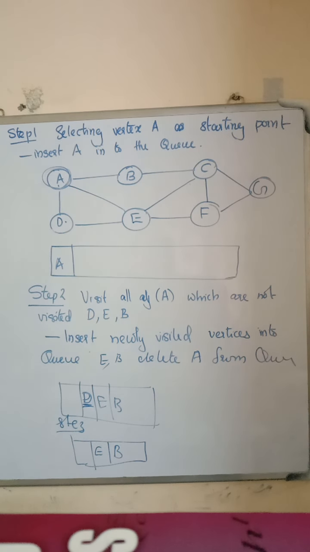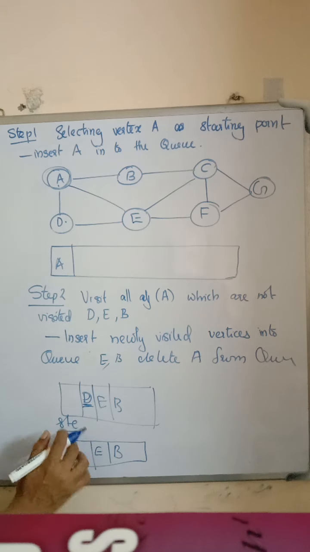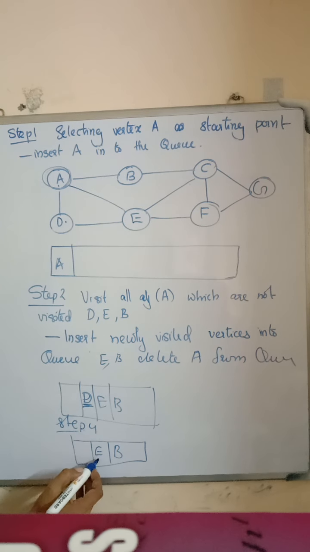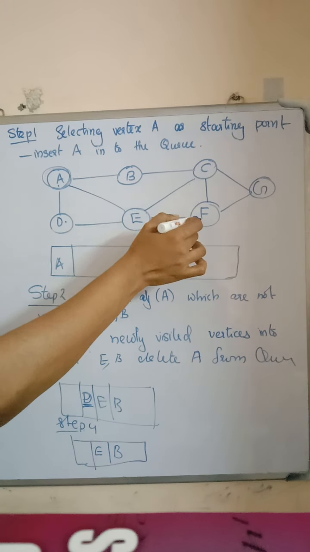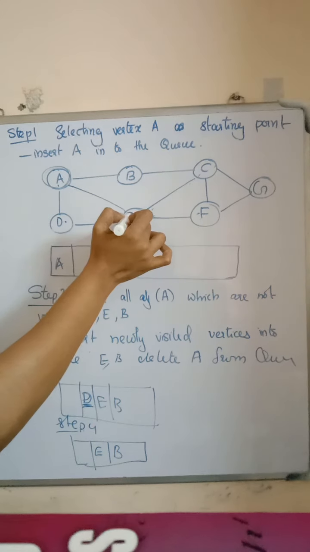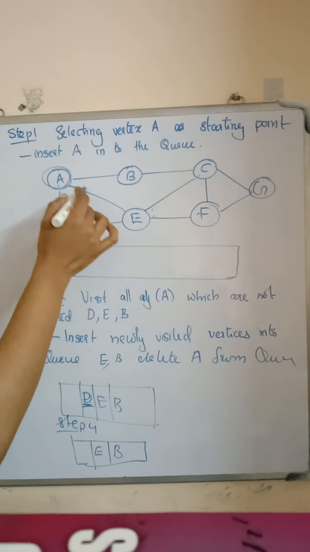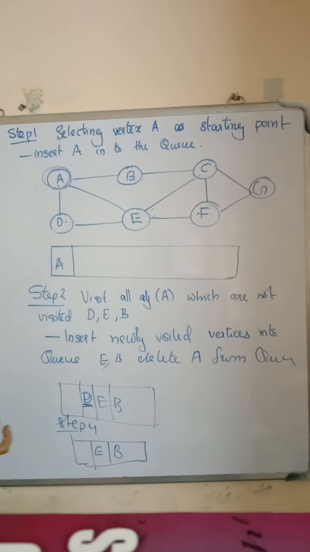Now go to step 4. In step 4 we check the adjacent vertices of E. The adjacent vertices of E are C, F and A, D. A and D are already visited.